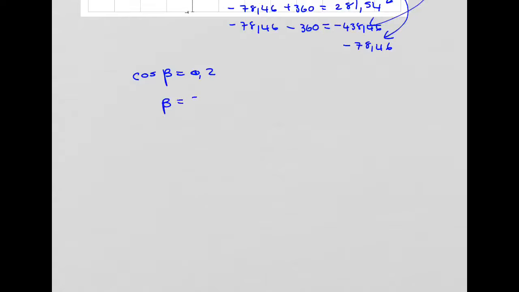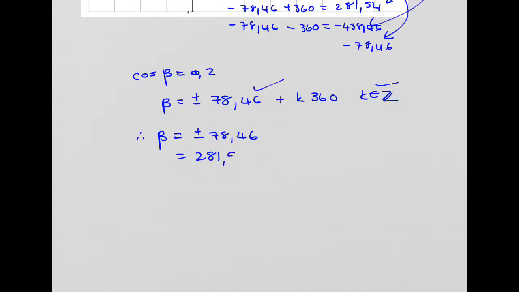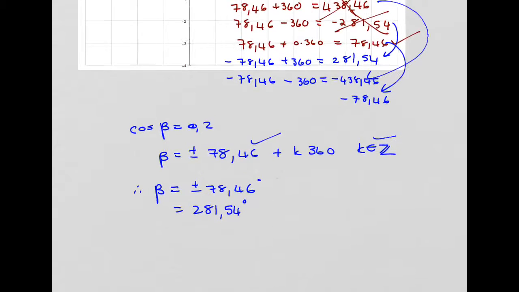So beta equals plus minus 78,46 plus K360. K is an element of integers. That you're getting a mark for already. And then you say, therefore, beta for this situation must equal positive negative 78,46 as well as 281,54 degrees. So you end up getting extra marks for the specific answers.